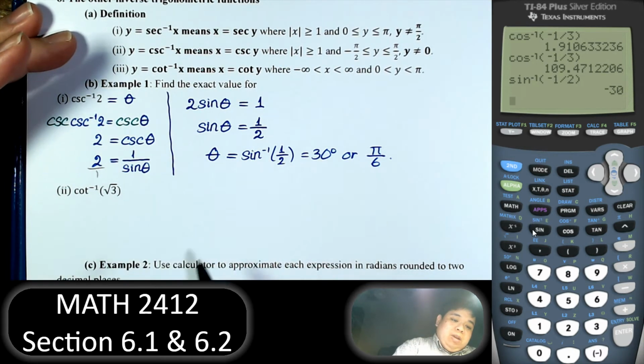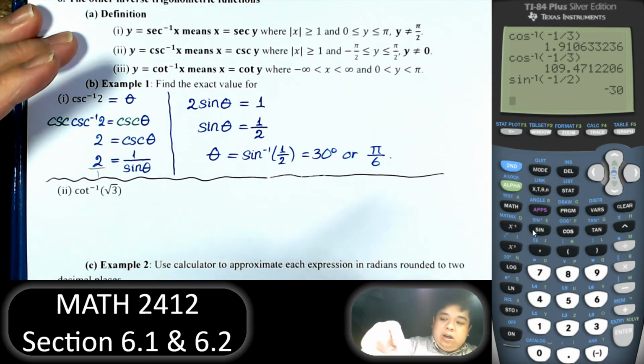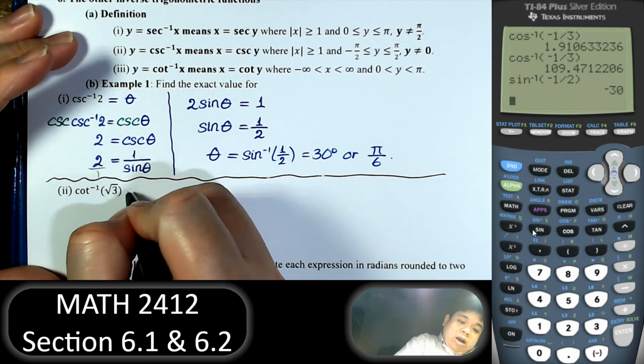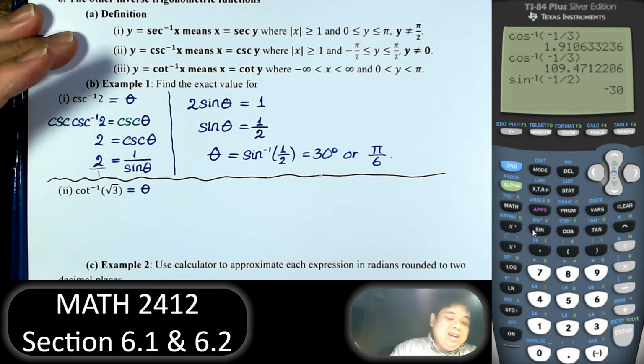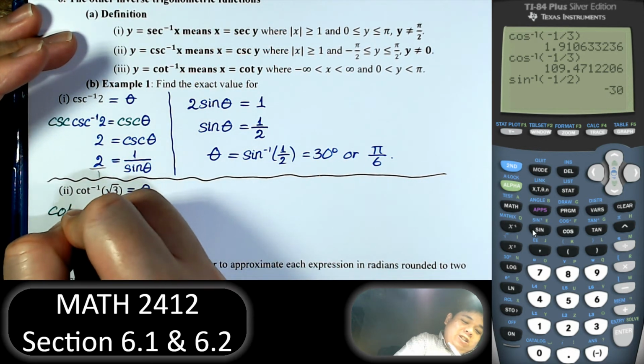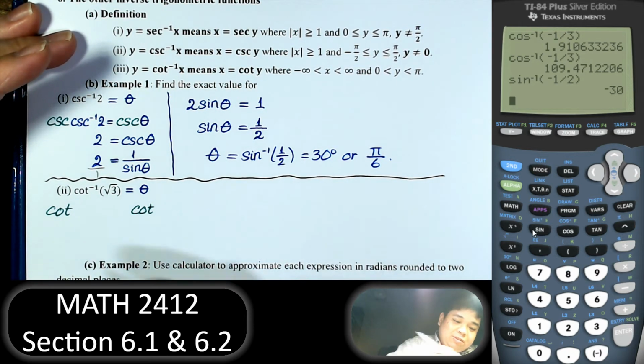Similarly, we do the same thing for the next problem. If we don't know what it is, make it equal to theta, and the function cancels the inverse if it exists.